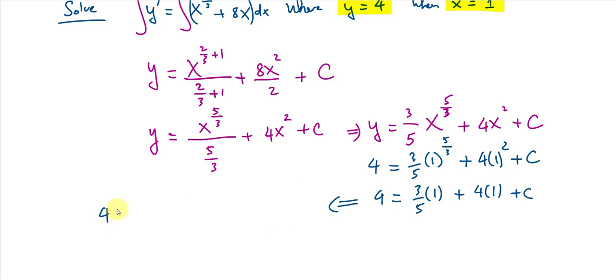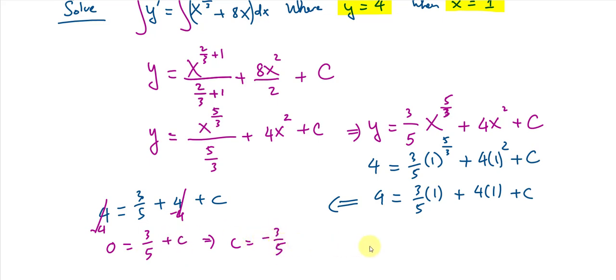So I have 4 equals 3/5 plus 4 plus c. Now I see that I can subtract 4 on both sides, so I have 0 equals 3 over 5 plus c, and then for my c, I move 3/5 to the other side, so minus 3 over 5, and therefore now I can complete my equation: y equals 3/5 x to the 5 over 3 plus 4x squared.